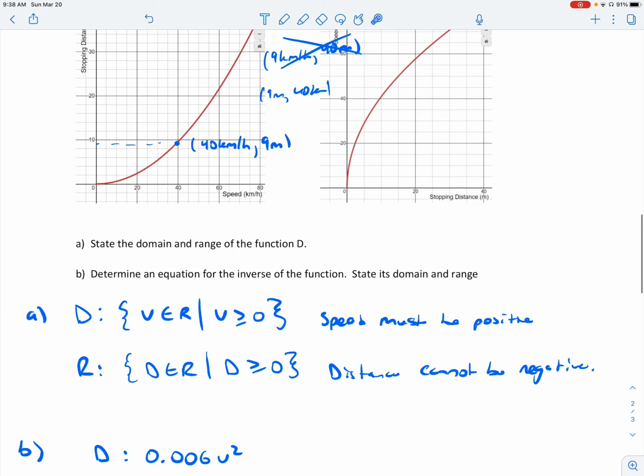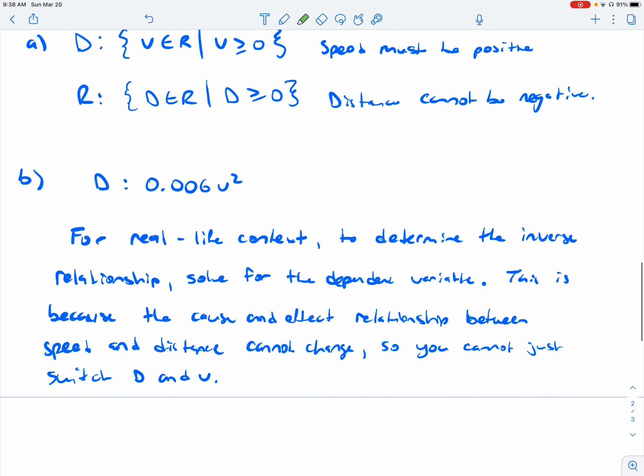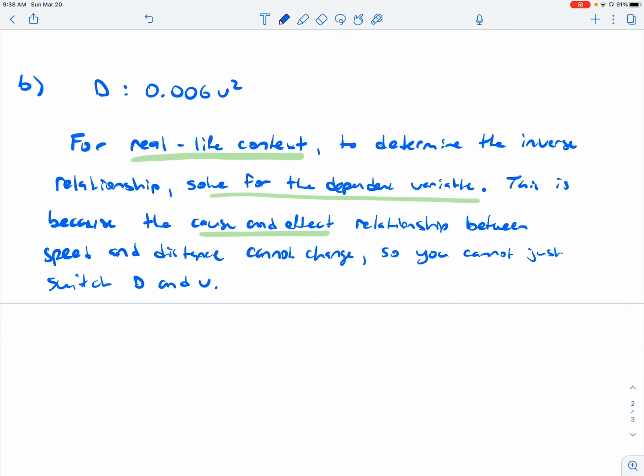So only for these real life context questions, we don't want to change the cause and effect. All we do is isolate for the dependent variable. That's it. This will actually be quite easy.